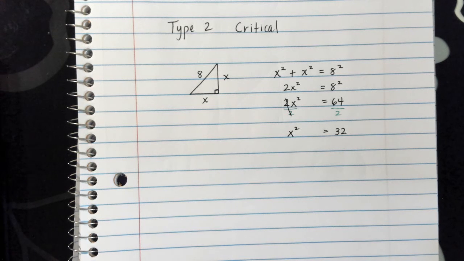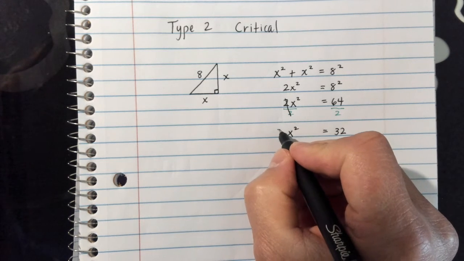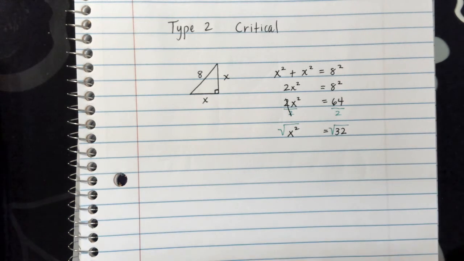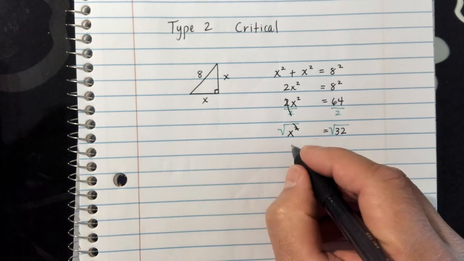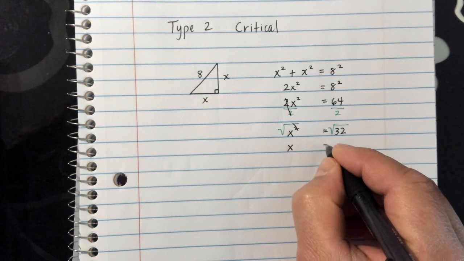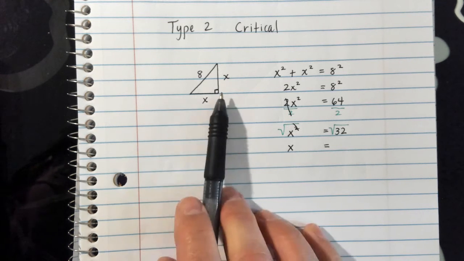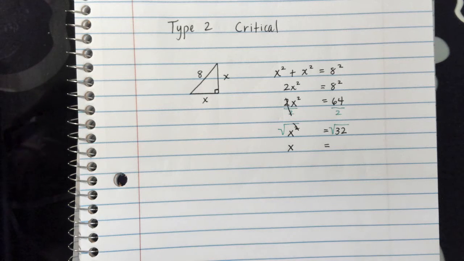And now, square root both sides. So squaring and square rooting cancel. You are left with x equals the square root of 32. And square root of 32 is equal to, remember how I said in the previous video, all 45-90s will have a radical 2 in it somewhere?